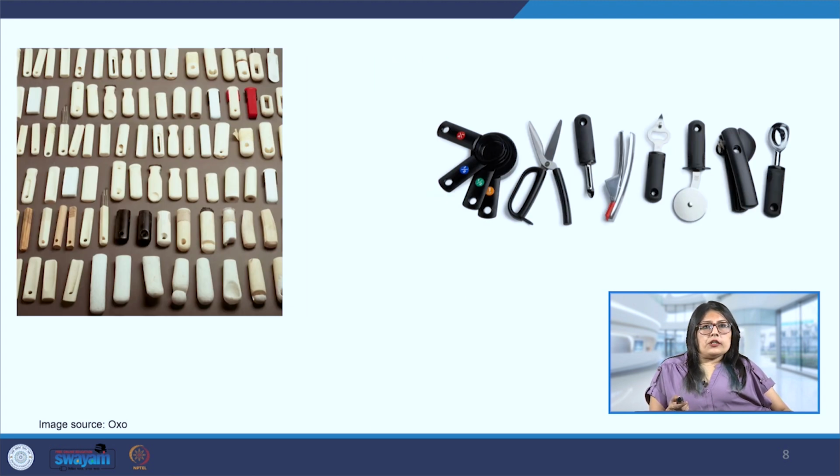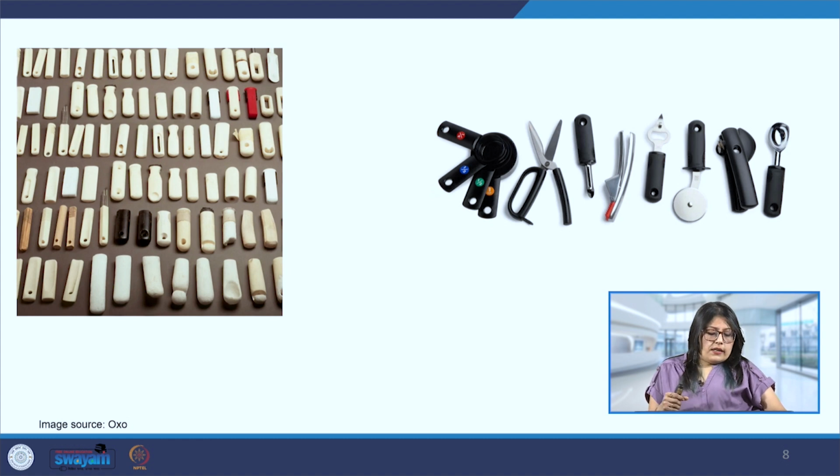Here you can see on the left side of the screen how many iterations they had to make in order to come up with the final design of the handle. On the right, you can see a few products from their range. Now they have over 1,000 different products that the company OXO offers.